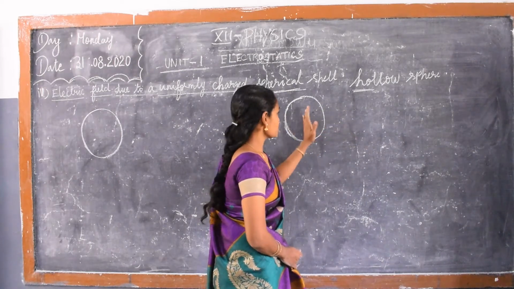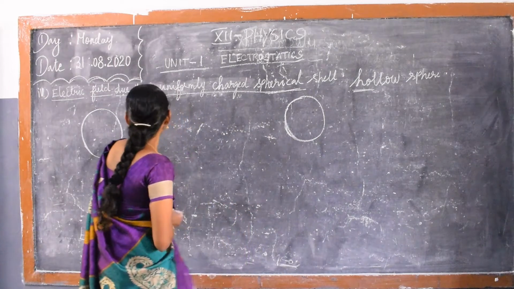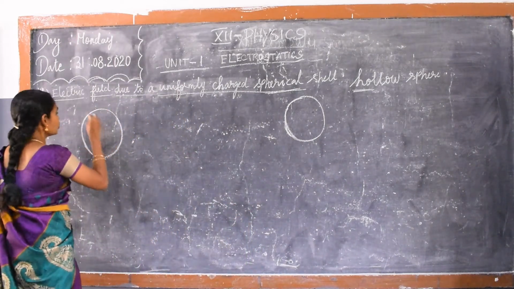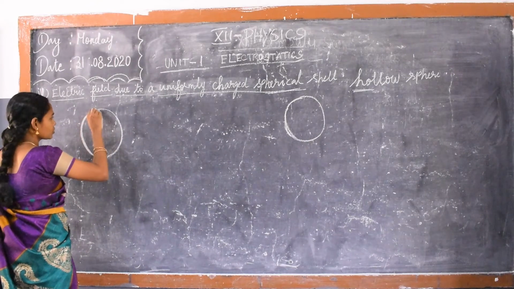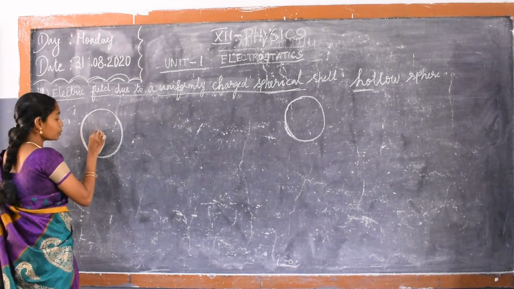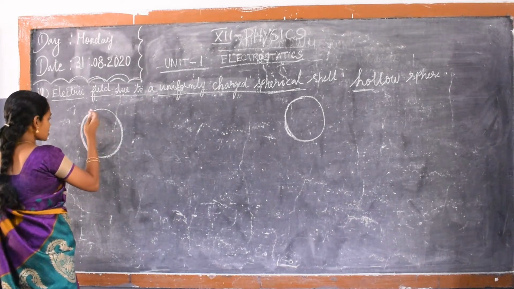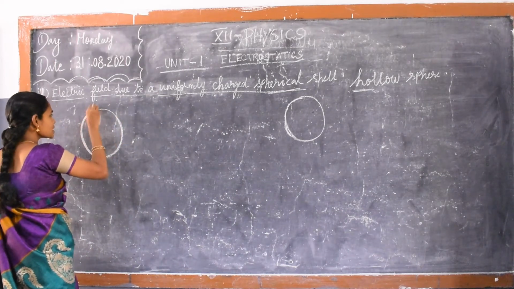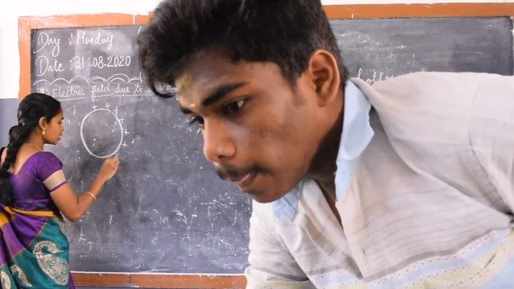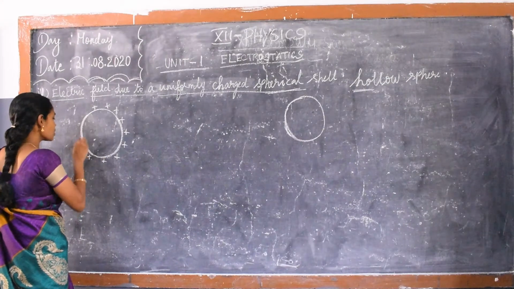Keep the differences in mind, students. Now we are taking a hollow sphere, that is, inside is empty. So the charges are distributed only on the surface of the sphere.